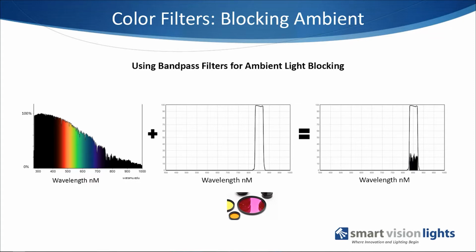In the middle graph, then, you see a bandpass filter for an 850 nanometer bandpass filter, which is just into the near infrared. And it's very common to use 850 nanometers, and that's for two reasons. Number one, you'll notice the amount of energy is decreasing as we're moving off the visible spectrum past 700 nanometers and into the near infrared spectrum in the 800 and 900 nanometer area.